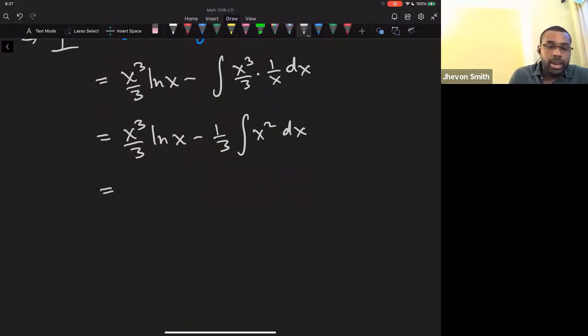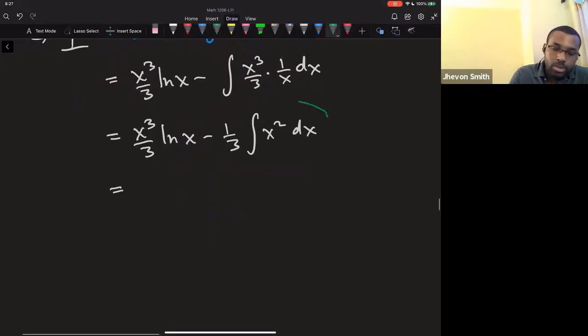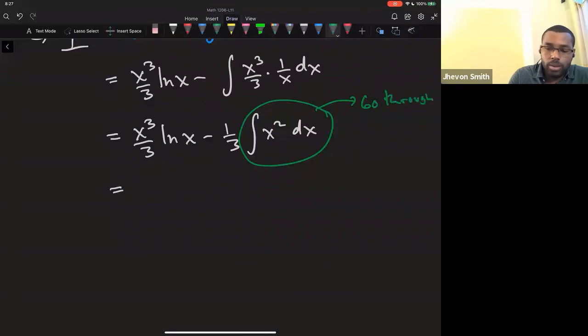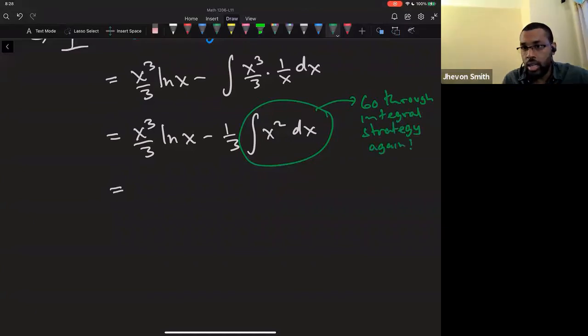And now, again, you now have a new integral. Go through the integral strategy in your head again. Of course, step 1 takes care of this. It's a basic rule. It's an integral of x to the n. We know how to deal with that.